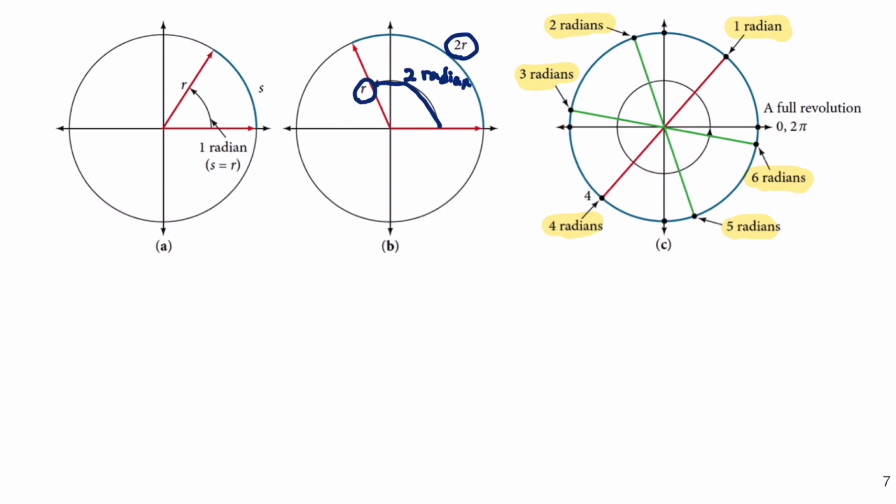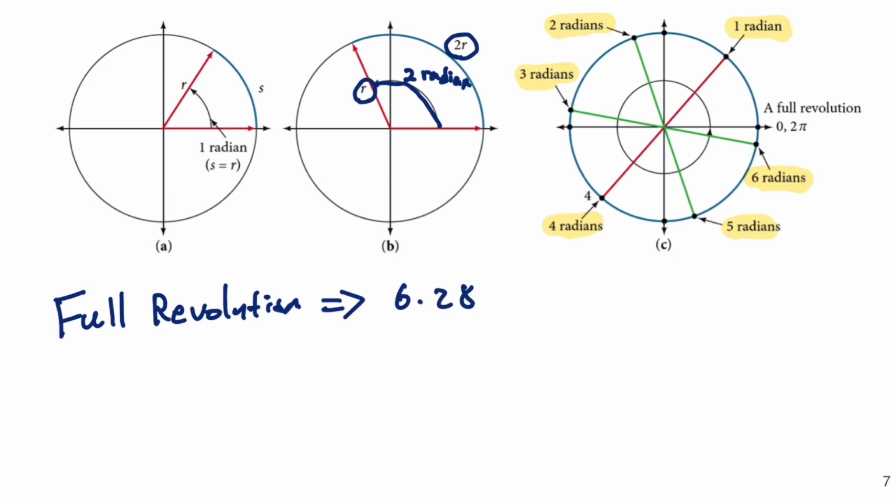And that's where the number pi comes from. Okay, so it turns out, let me write it right here, the full revolution is about 6.28 in its unending decimal radians, which is equivalent to this number called 2 times pi.